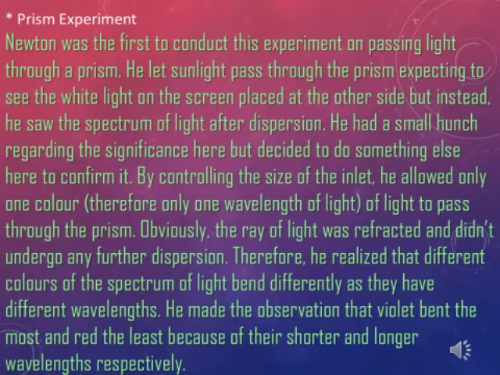Therefore, he realized that different colors of the spectrum bend differently as they have different wavelengths. He observed that violet bent the most and red the least because of their shorter and longer wavelengths respectively.